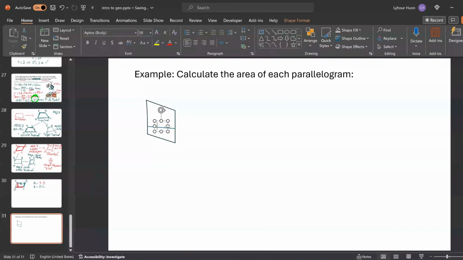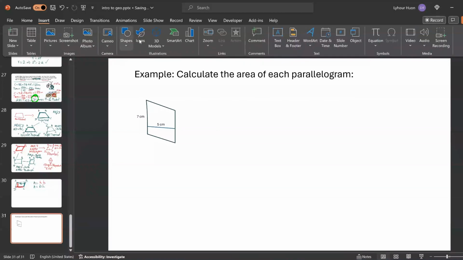This is 5 centimeters, and this one is 7 centimeters. Does it look like a parallelogram? It kind of looks like a little square but curved, like one of those 3D squares.